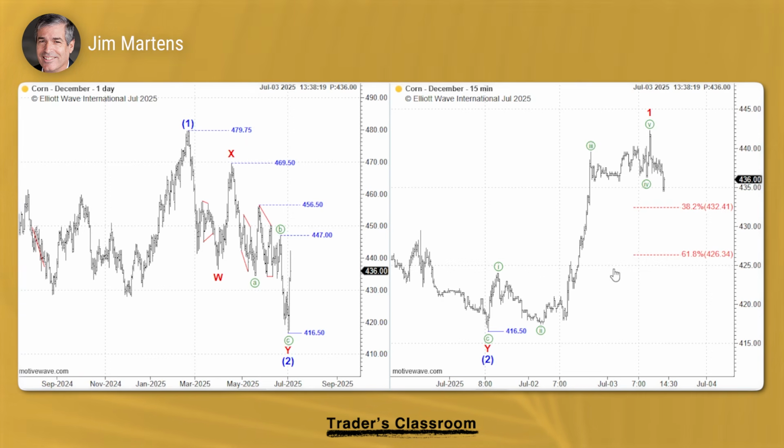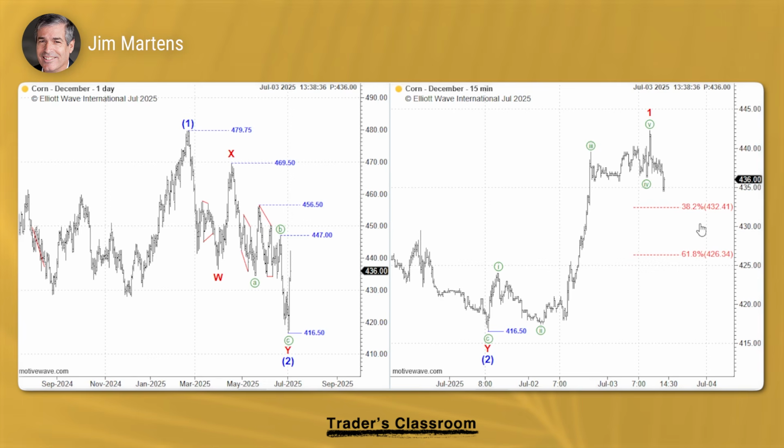Well, in both those cases, the rally should be corrected. We know that correction should unfold in 3 waves, A, B, C. It should end no lower than the origin of the rally being corrected. That's 416.5. It's more likely to end closer to a Fibonacci retracement target, and you can see those marked at 432.5 roughly.